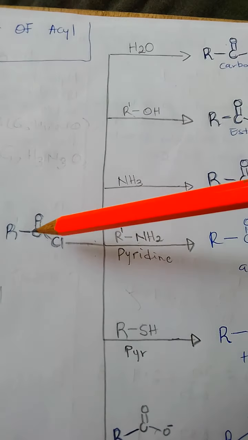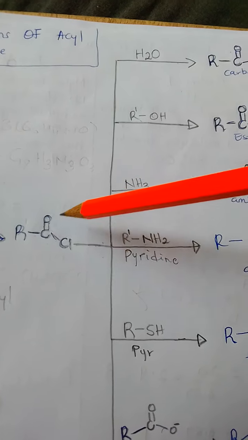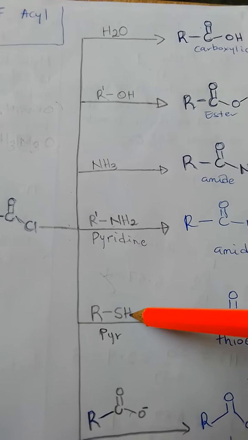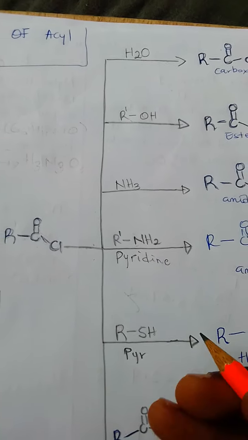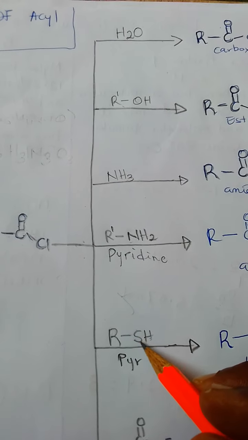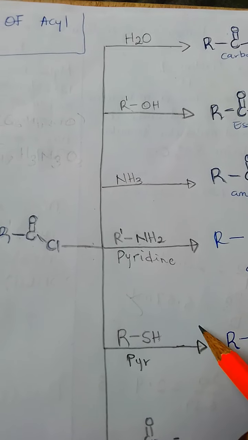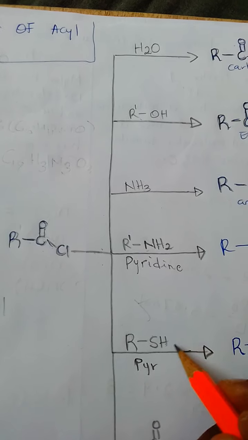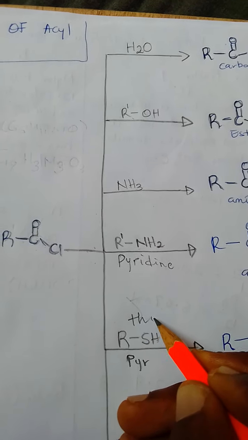The next reaction of acyl chlorides is the reaction between acyl chlorides and thiol. This SH group, sulfur hydrogen group, is called a thiol group. So this functionality is a thiol.